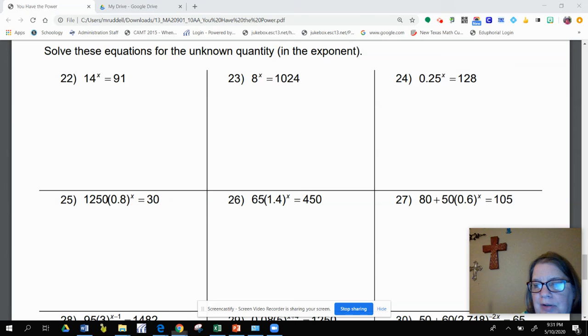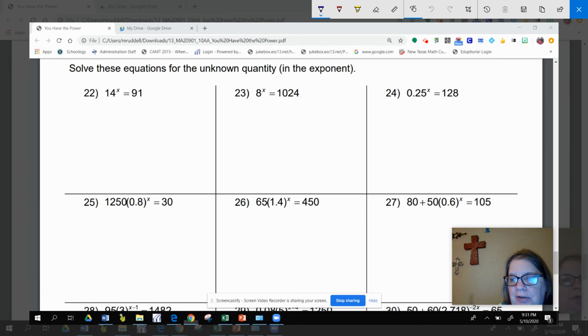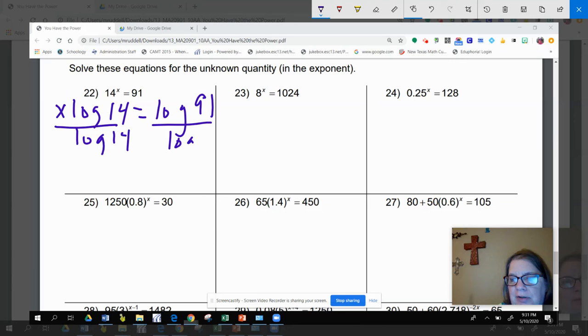Okay, so we are going to use the change of base property, log both sides, and solve these. Remember this x comes to the front. To get the x by itself, we divide by log 14. So then you would go to your calculator and type in log 91 divided by log 14. I'm going to go ahead and do that this time.